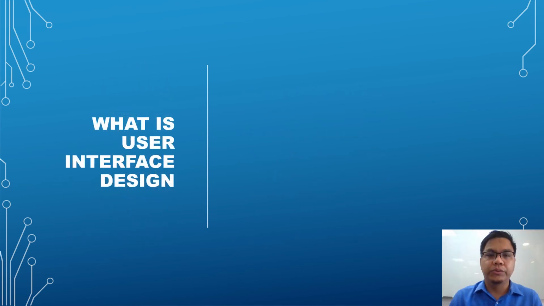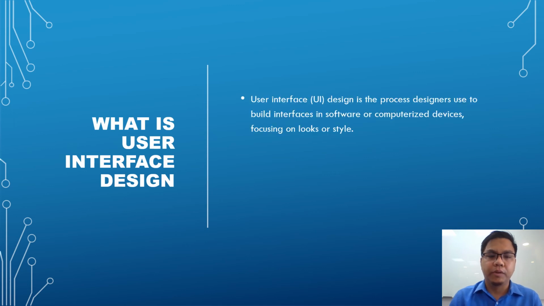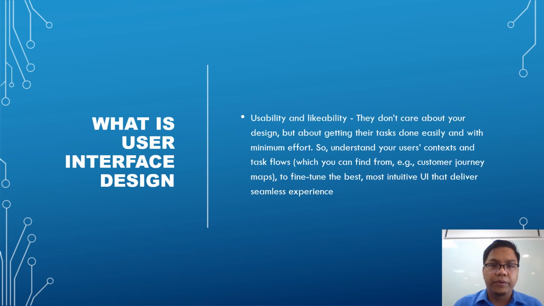Now we will go to user interface. What is user interface design? User interface design is the process designers use to build interfaces in software or computerized devices, focusing on looks or style. To design the user interface best, you should consider, first, usability and likability.